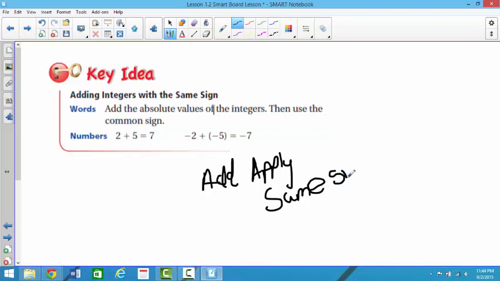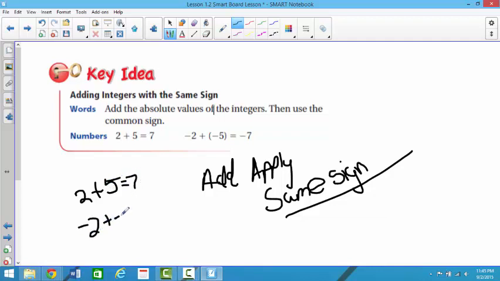It's hard to write with a mouse. So you're going to add like you would normally add and then apply the same sign. So 2 plus 5 is 7, and a negative 2 plus a negative 5 is going to be a negative 7.